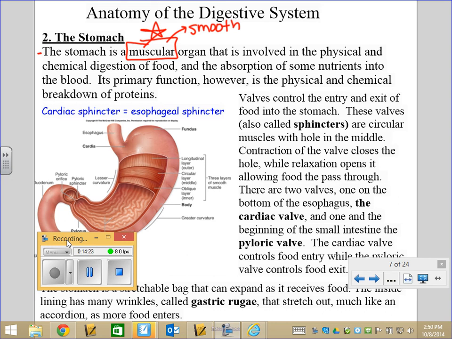So when you're doing sit-ups, you are not exercising your stomach muscles, you are exercising your abdominal muscles, which are attached to your skeleton. So your stomach is a muscular organ that is involved in physical and chemical digestion of food, and a bit of absorption.